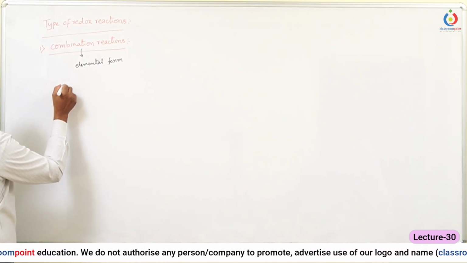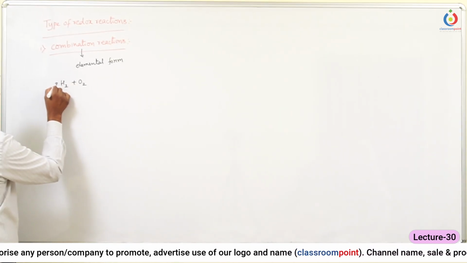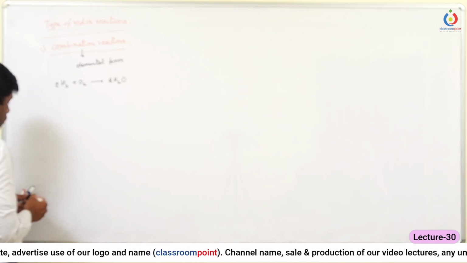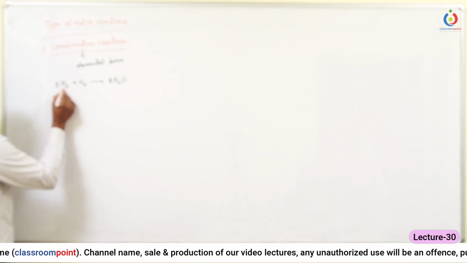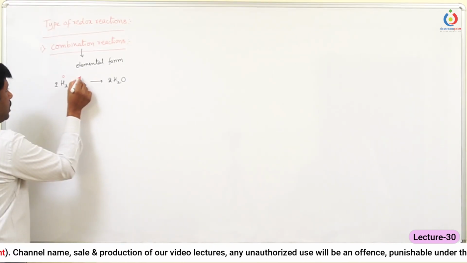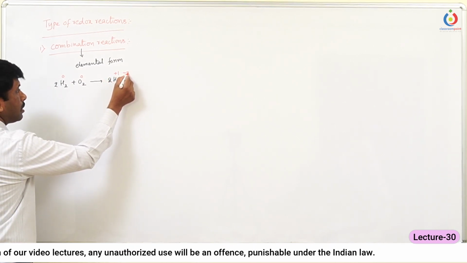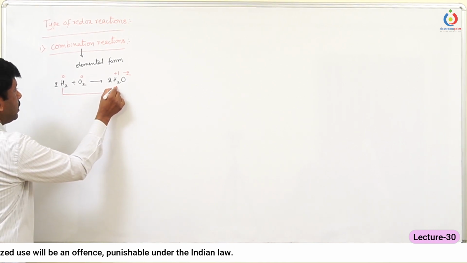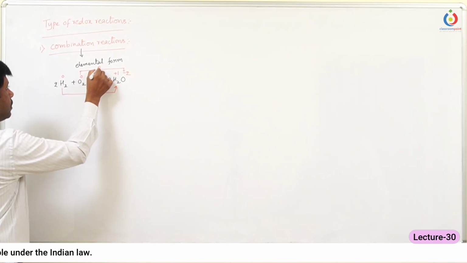One of the reactants must be in the elemental form, that we have to keep in mind. So example, H2 plus O2 gives 2H2O. Here both of the reactants are in the elemental form. Hydrogen and oxygen, both oxidation states are 0. Here hydrogen oxidation state is +1, oxygen oxidation state is -2. So hydrogen is oxidized, whereas oxygen is reduced.